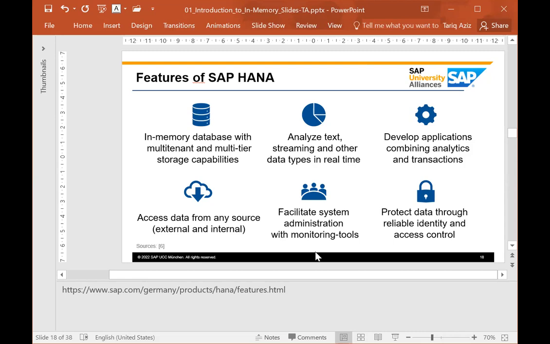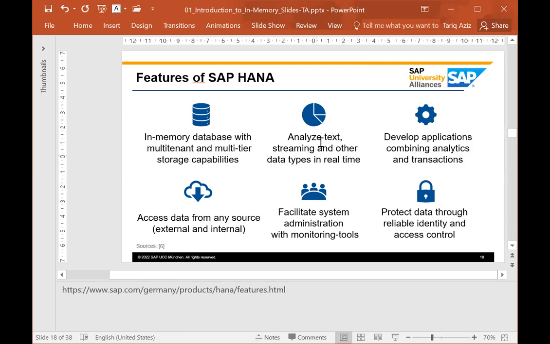The warm data is available in another database, and there's a link between that database and the HANA database. The cold data is available in a backup. Whenever you need it, you can load that data onto the hard disk, and then move it to the in-memory.